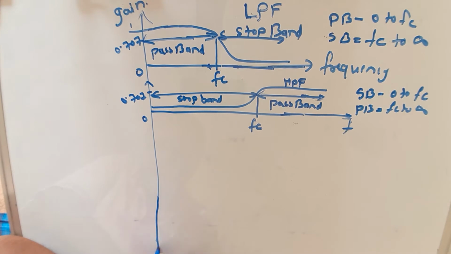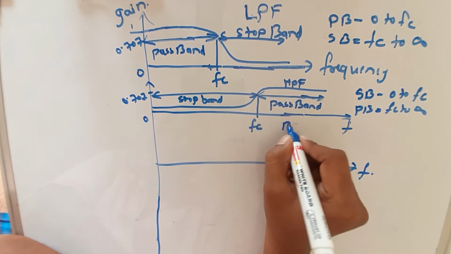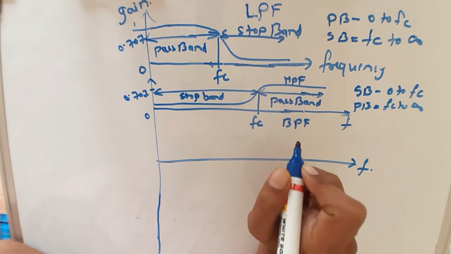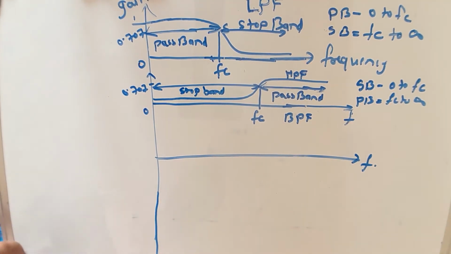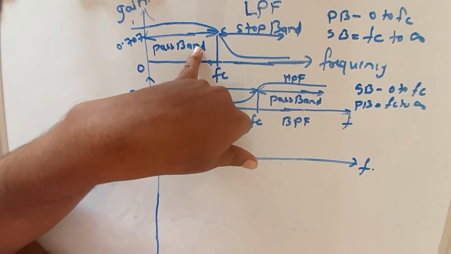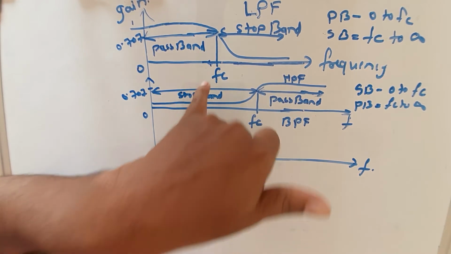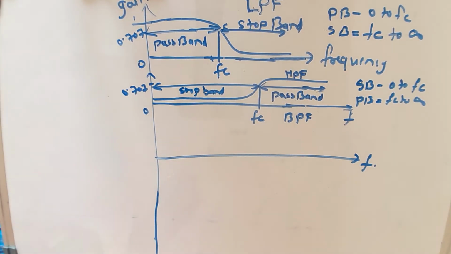Now this is the band pass filter. We now require a filter which will pass the frequency in between the low pass filter and high pass filter. Just remember, a filter which passes the frequency means the gain must be maximum in between the low pass filter and high pass filter.